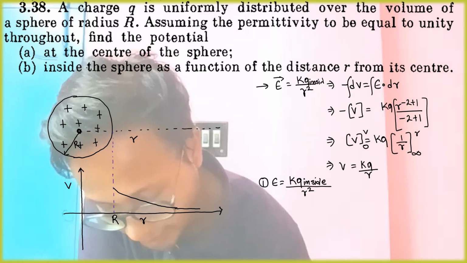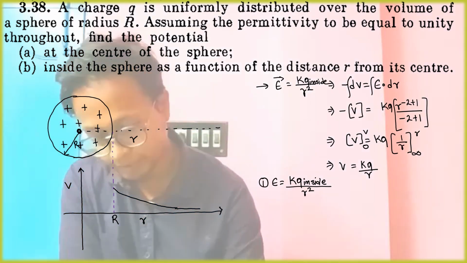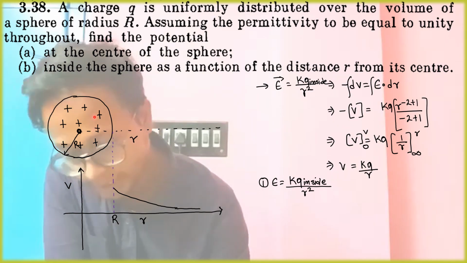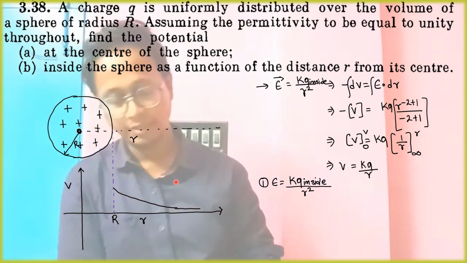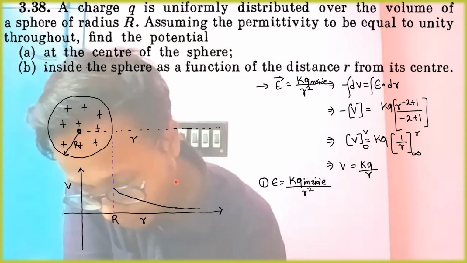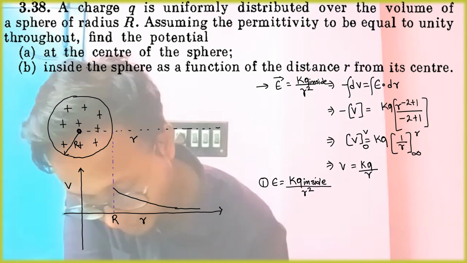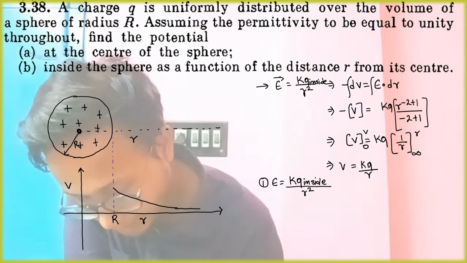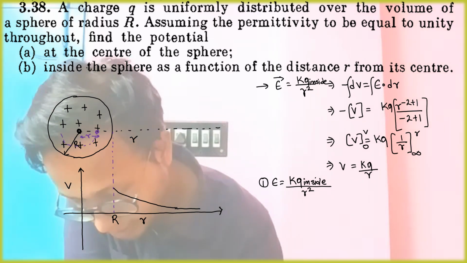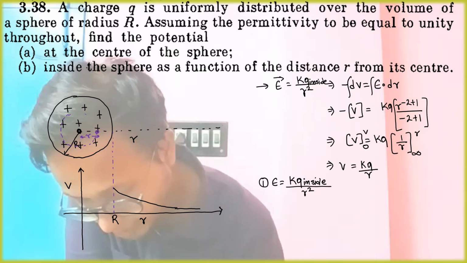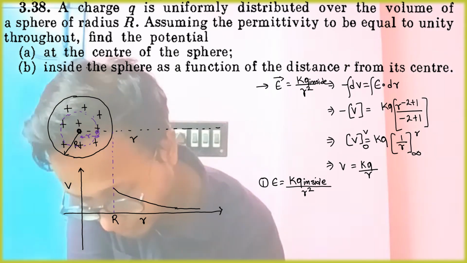However, when you're traveling inside the sphere, Q inside would be a little bit different. What I'm trying to say is, suppose I'm trying to find the electric field out here. The electric field out here would be at this distance r. And what is Q inside? Q inside is nothing but the charge inside this sphere.